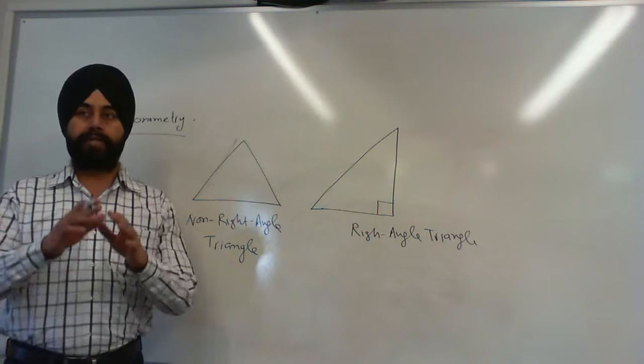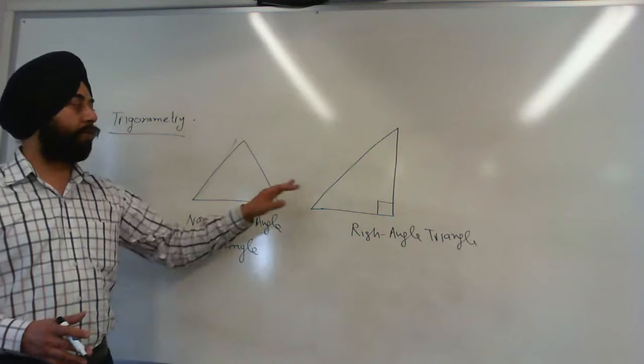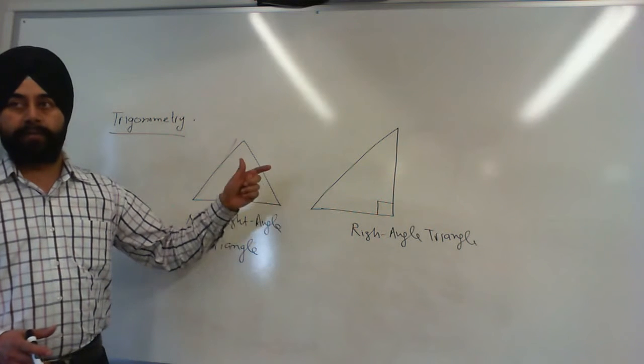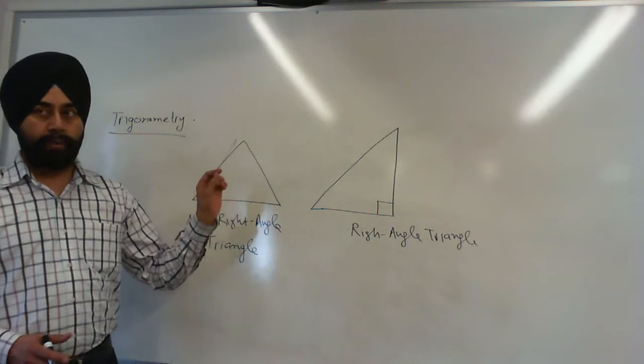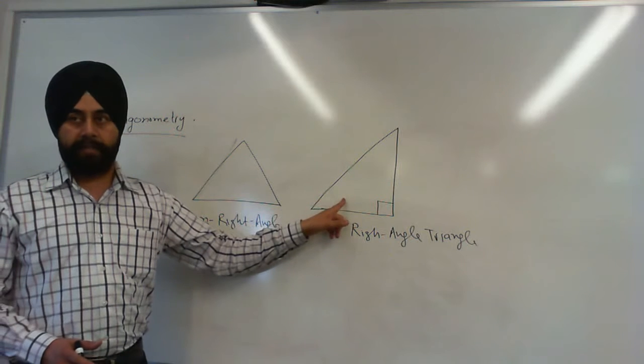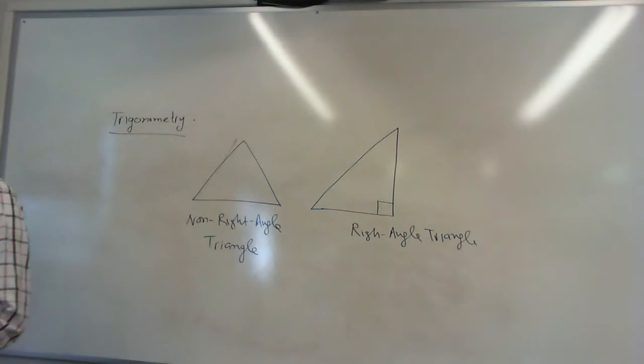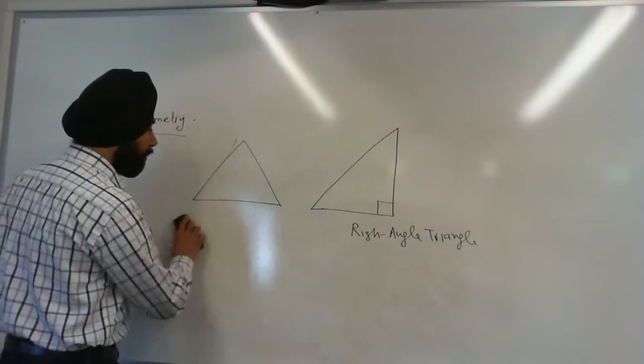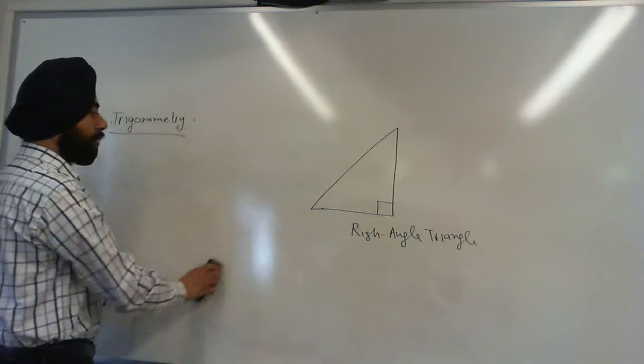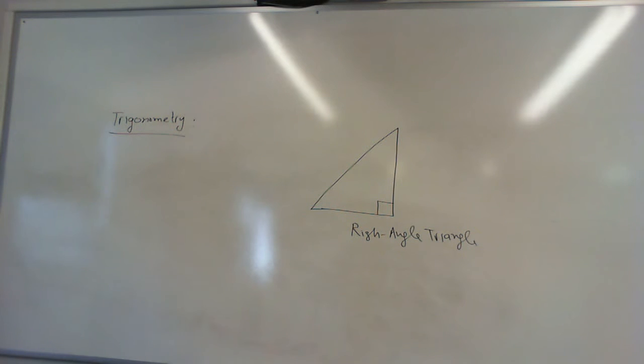If you got a general formula, that can be applied to both of them. But if you got a formula that is only written for the right angle triangle, you cannot apply that formula to this triangle. The first set of formulas that we have to do is for right angle triangles.